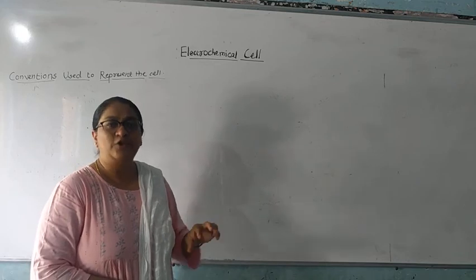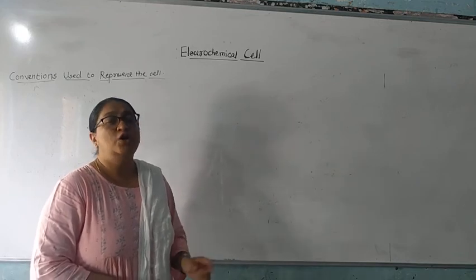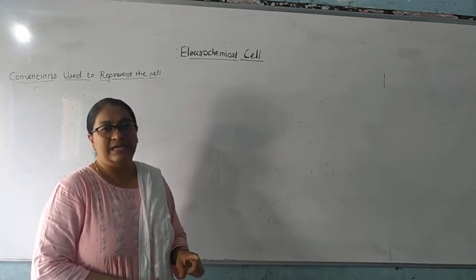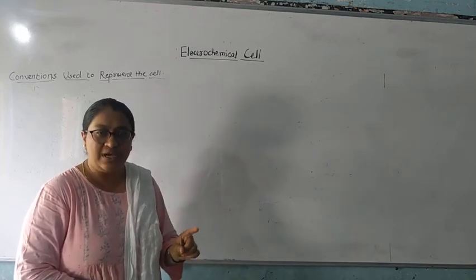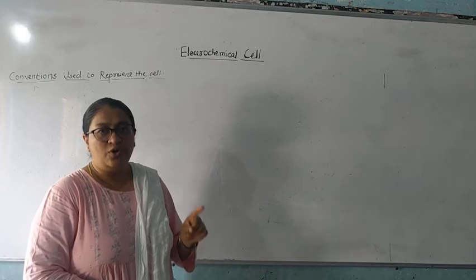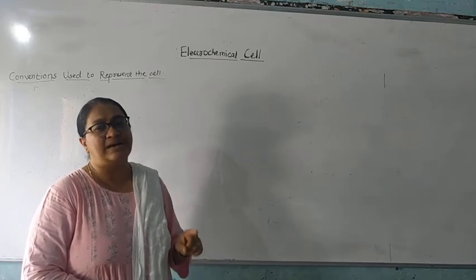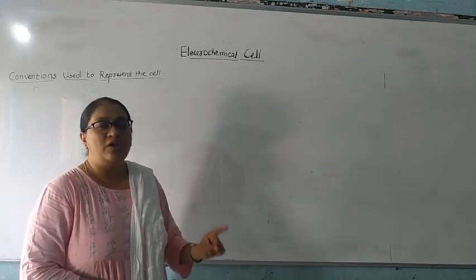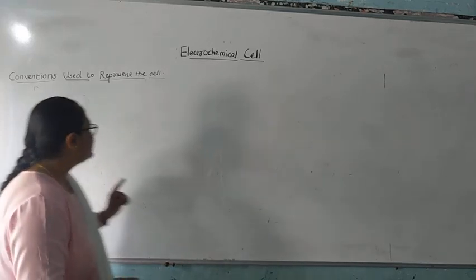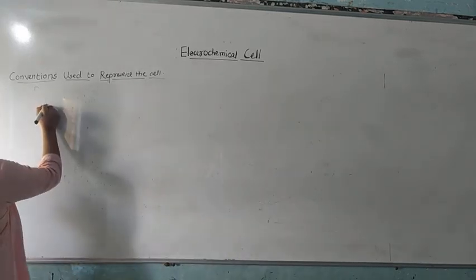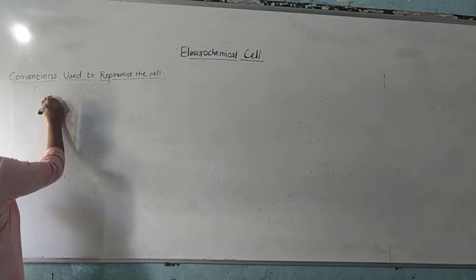The electrode on which oxidation is occurring, that we consider as the anode, is always written on the left hand side, and it is termed as LHE, that means the left hand electrode.